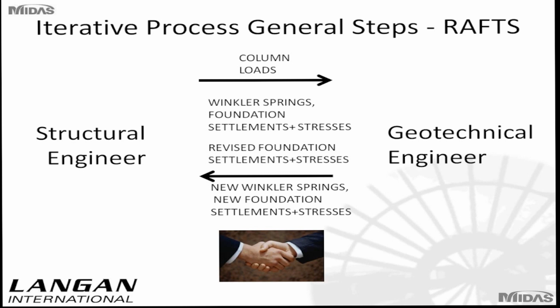Then the structural engineer runs their model, and they determine the foundation settlements and stresses under the raft. They compare with the geotechnical engineer, and either they are close enough or the geotechnical engineer needs to revise the springs and come up with new foundation settlements and stresses. This process keeps happening until the settlements between the structural model and the geotechnical model are close enough to have a convergence.